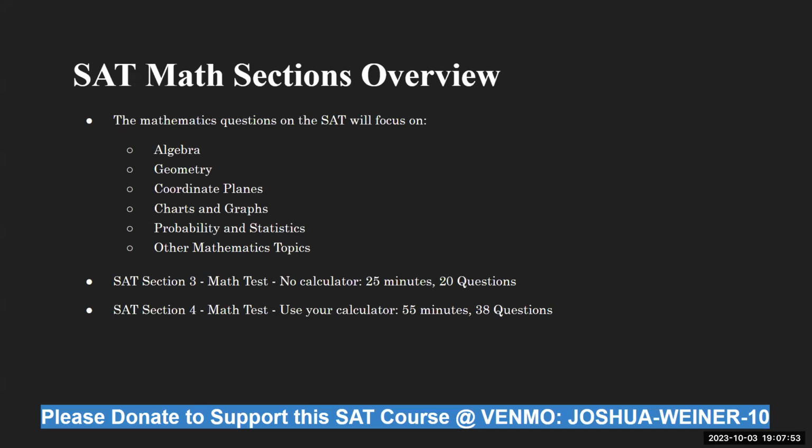So there's a total of 58 questions, and about half of it is algebra 1, another 30% is geometry, then probability and statistics, and just a few questions from algebra 2.